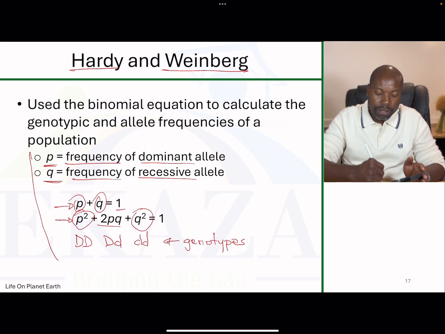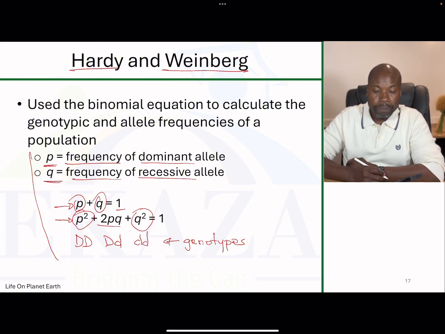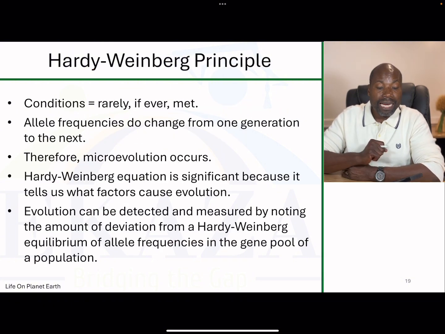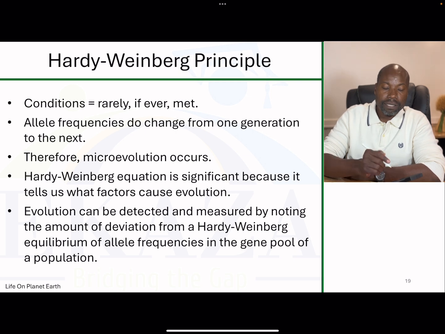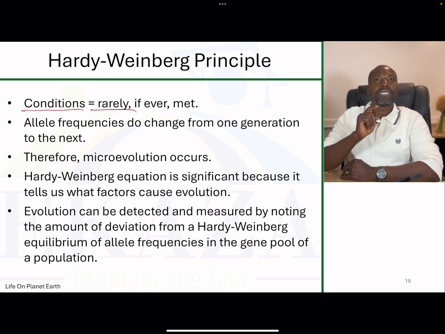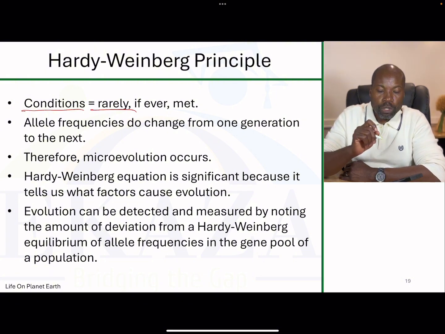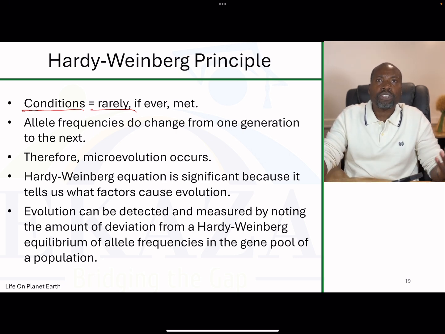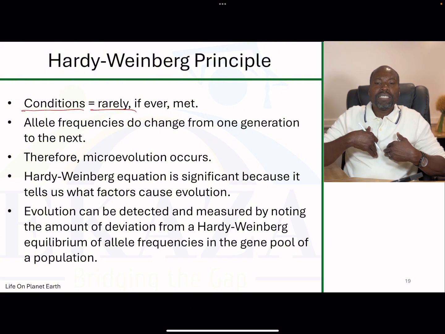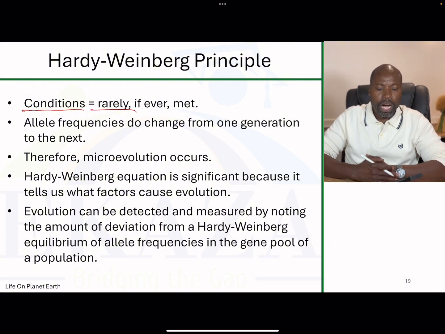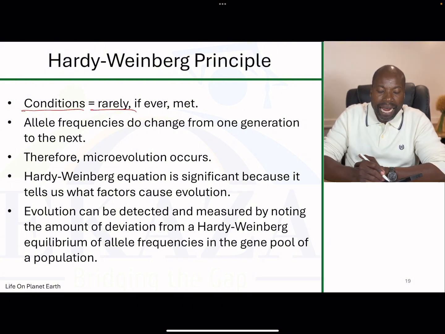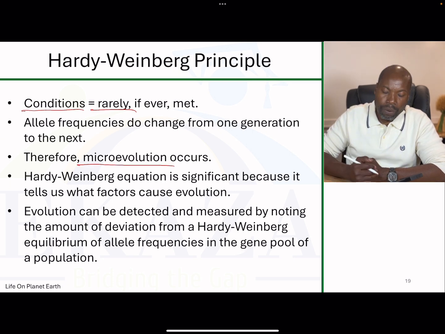This is the case right here. But we know that in real life, that doesn't happen, right? So the Hardy-Weinberg principle conditions rarely ever occur, right? So allele frequencies are going to change in the population because there are individuals that come in and individuals that leave the population, always. Therefore, microevolution is always occurring, right?